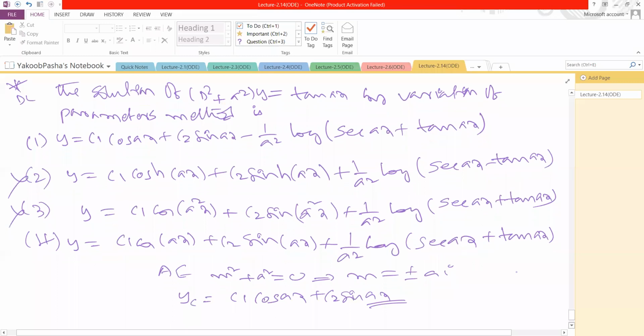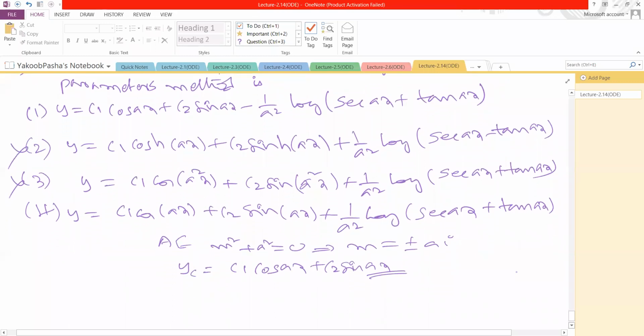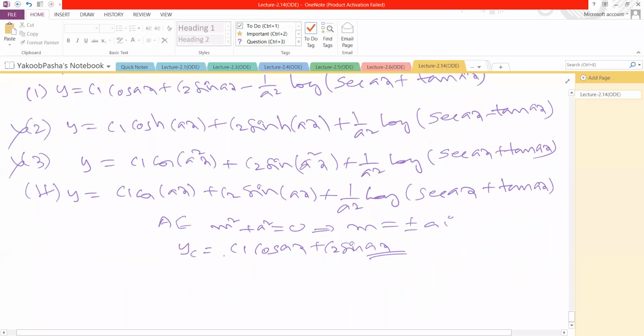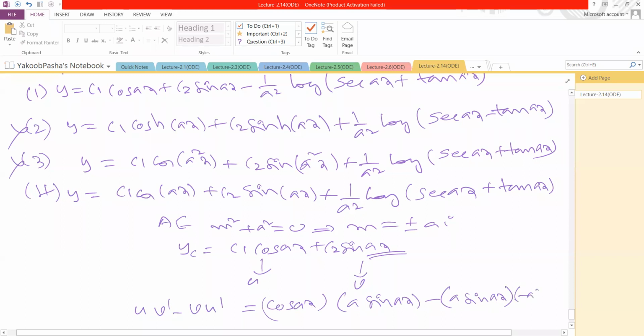Now we can take u value. This is u and this is v. uv dash minus vu dash is cos ax into v dash, a cos ax, minus sin ax into minus a sin ax.